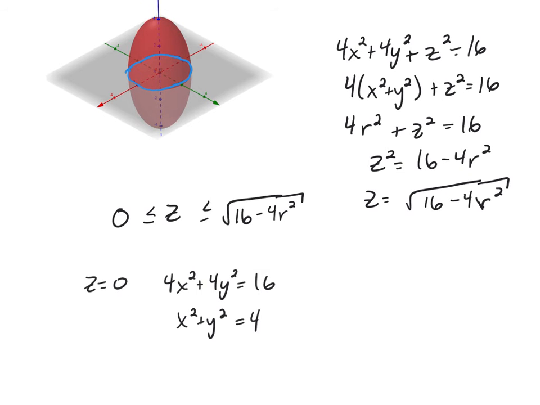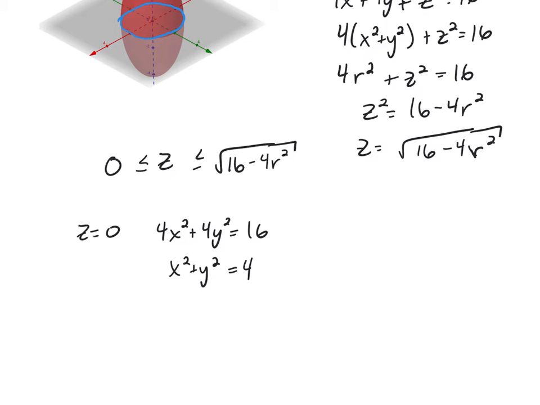And how do we describe this circle in polar coordinates? Theta goes from 0 to 2 pi, and r is between 0 and 2.